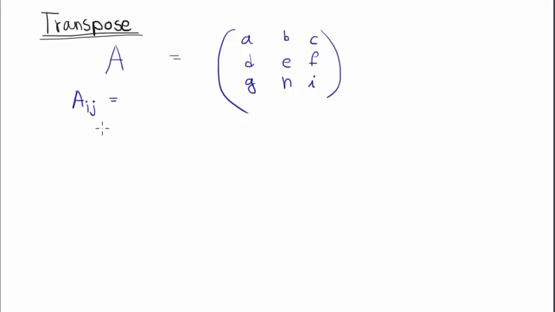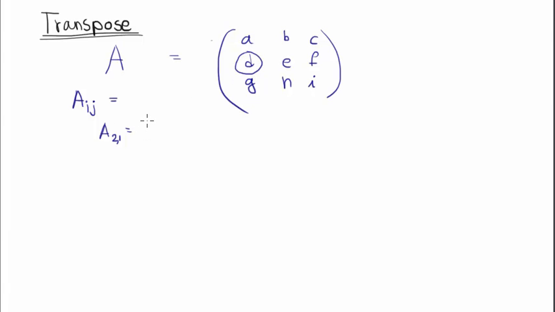So if I say a_2,1, what element am I referring to? You basically go down to the second row of the A matrix and then over to the first column. So this is the first row, second row, and then the first column in that row. So it'll be d.